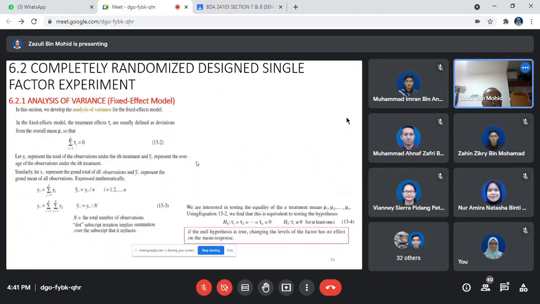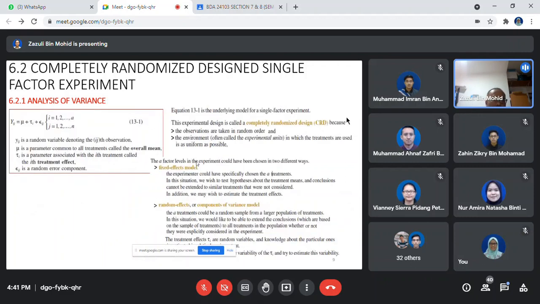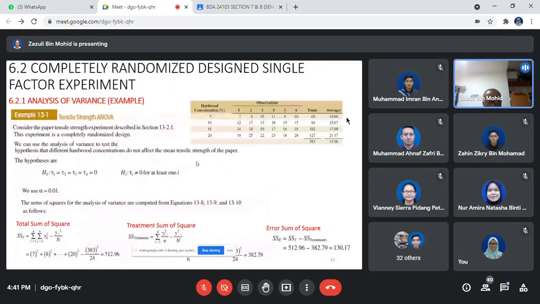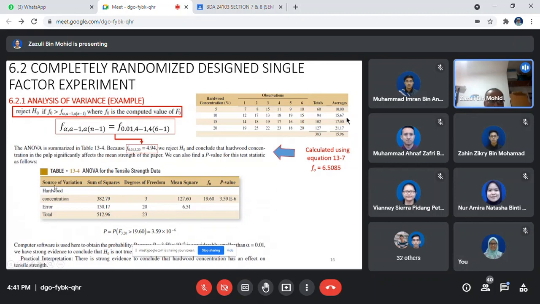Then you can see what equations we use in the next analysis. And the same data is also used to explain the analysis of variance, how we calculate the total sum of squares, SST, SS treatment, SSE. Okay. And we have another table here.